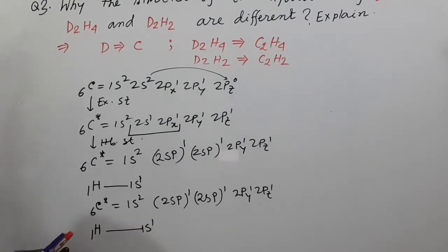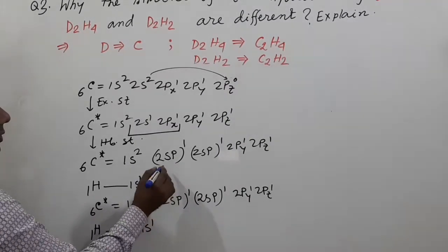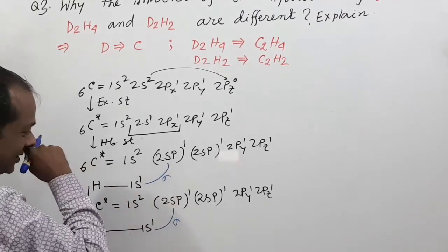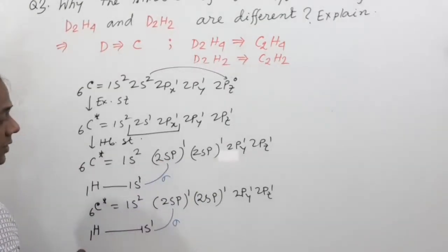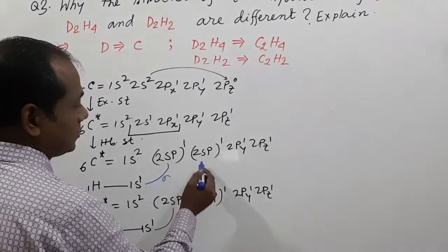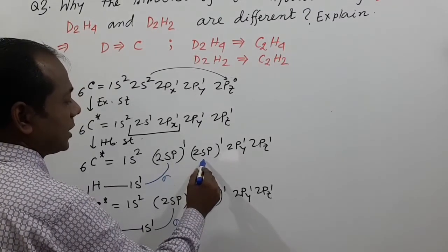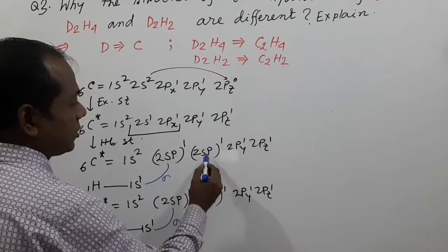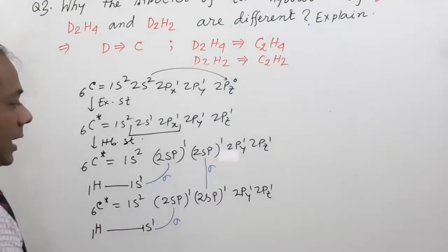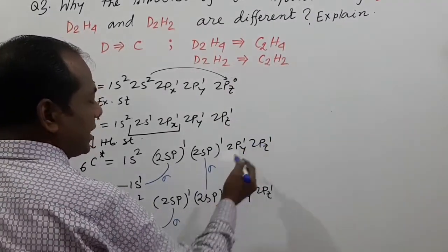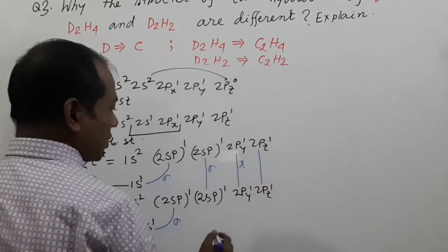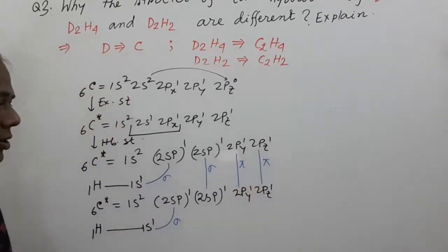My dear students, now hybridization occurs, and one sp hybrid orbital overlaps with the 1s1 orbital of hydrogen. A sigma bond occurs because the hybrid and non-hybrid orbitals overlap face to face, and one sp hybrid orbital of one carbon overlaps with the sp hybrid orbital of the other carbon, and this is also a sigma bond. The 2 non-hybrid orbitals overlap sidewise, and we get 2 pi bonds, my dear students.